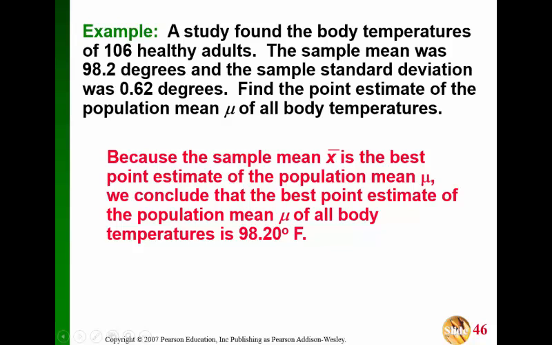We'll stick with Fahrenheit. So the average body temperature is supposed to be 98.6.